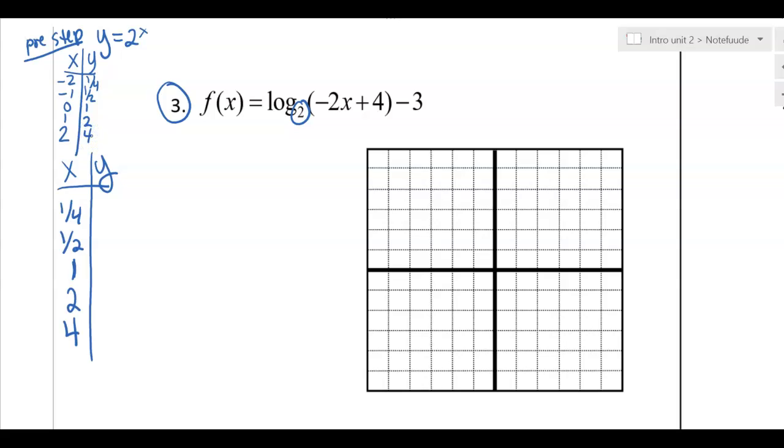And then you would have just flipped it around. So these y values become your x values, and the x values become your y values that go with those. So either you know how to get the x values because you understand log and know which values go with them, or you do this little pre-step with the exponential function.